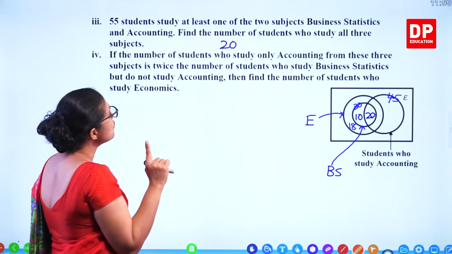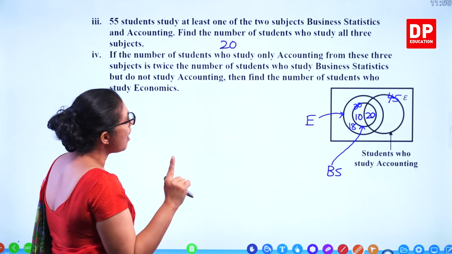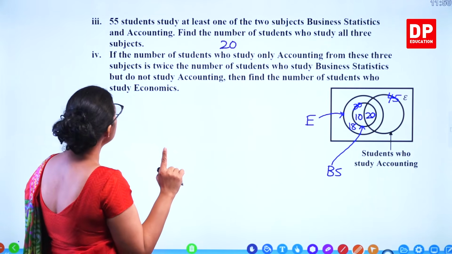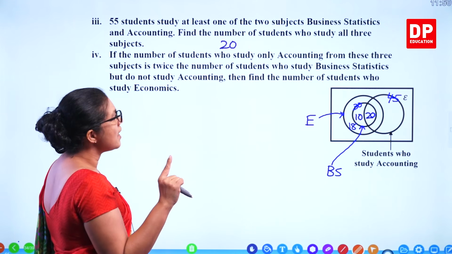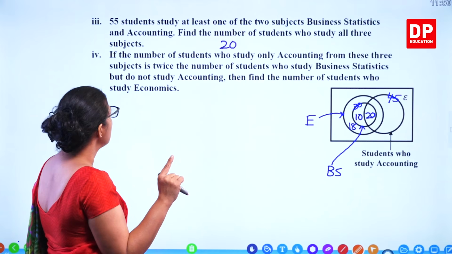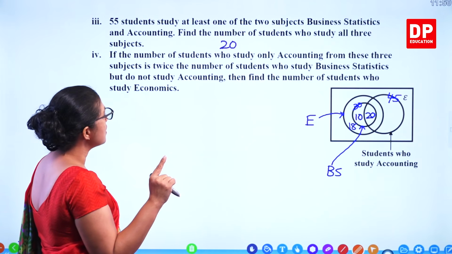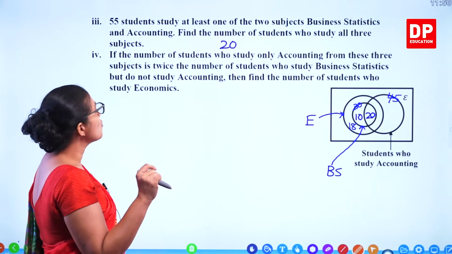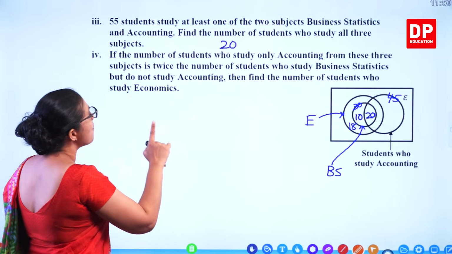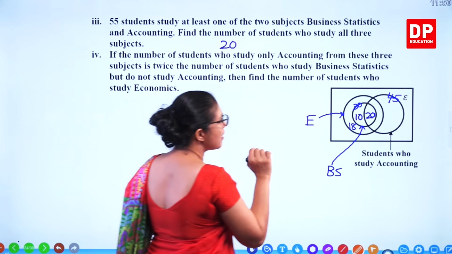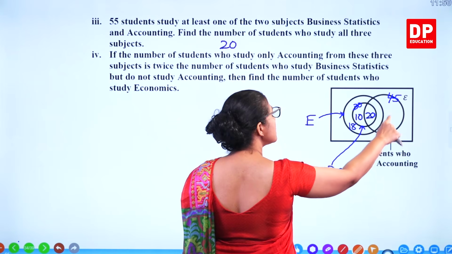If the number of students who study only accounting from these three subjects is twice the number of students who study business statistics but do not study accounting, then find the number of students who study economics.